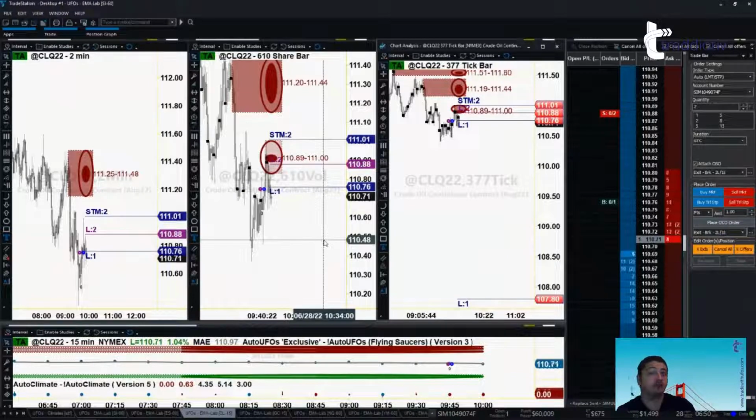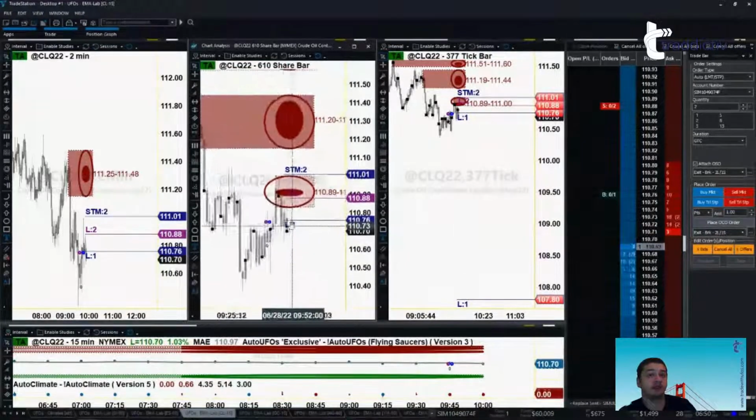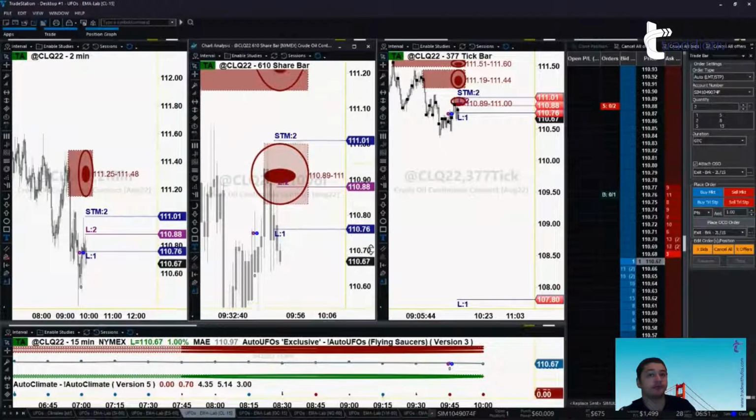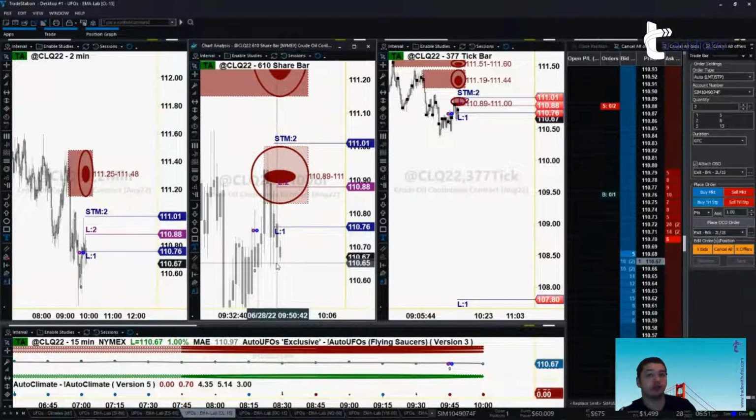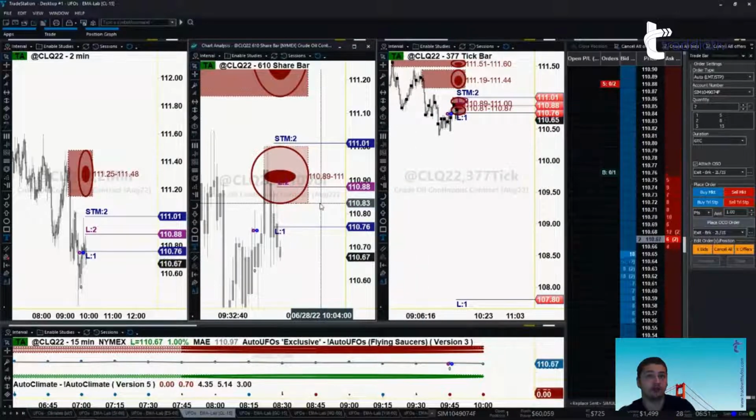We actually would have been filled here and would have gotten our T1. But you can't catch them all, right? Because if we just caught it right here at basically 2 minutes ago, that would have been the wick. And we would have been entering on this UFO here a little bit more aggressively at 1083.